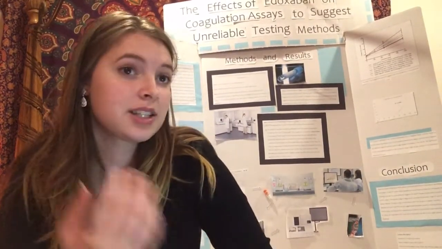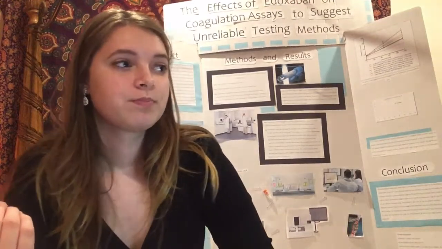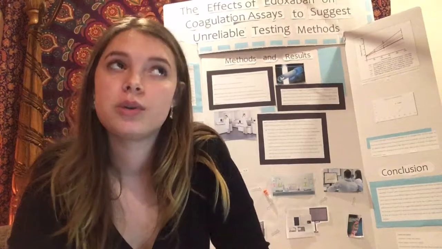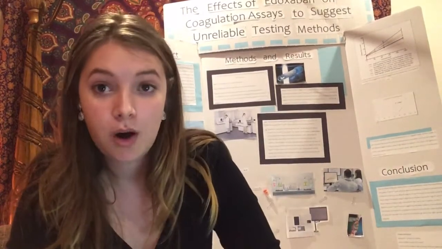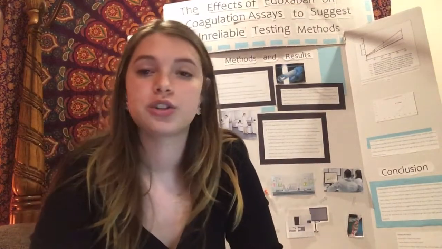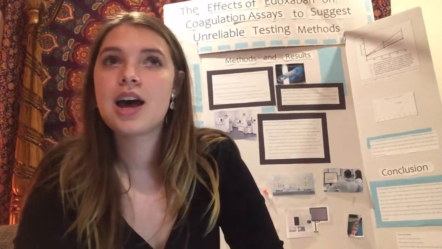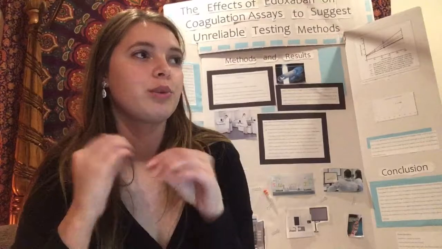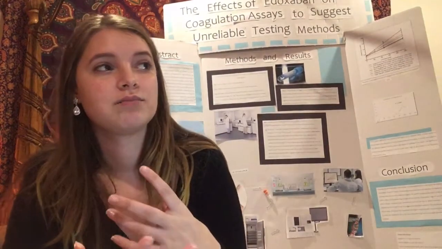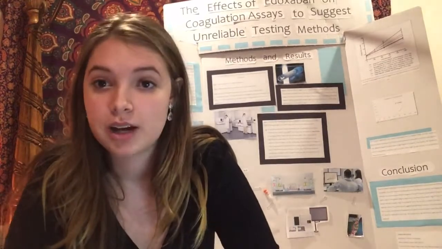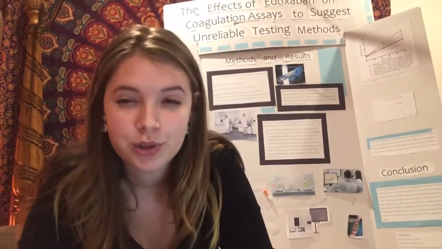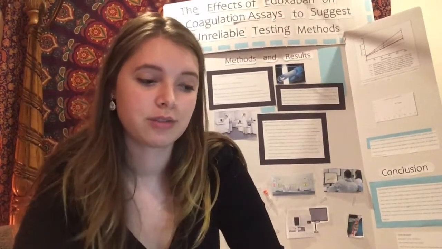Likewise, a normal PT and PTT shouldn't suggest that there's no edoxaban in the bloodstream at all. This can open the floor to doctors and scientists alike: if we can't use PT and PTT and just the anti-Xa assay, maybe we can discover more reliable methods of detecting these therapeutic ranges and what's best for the patient.